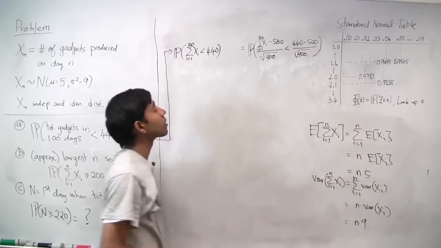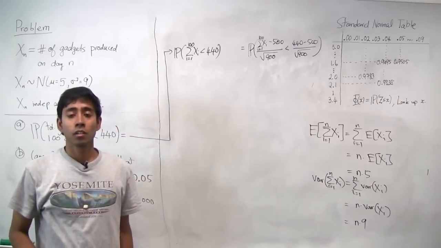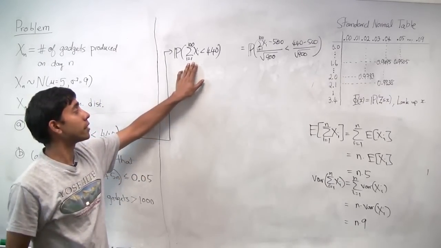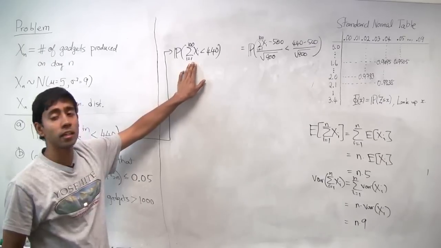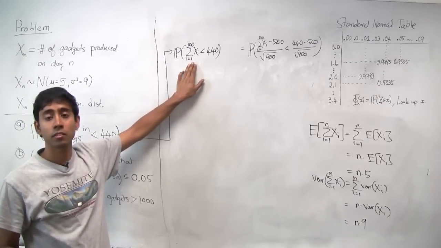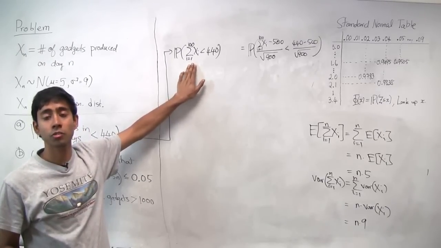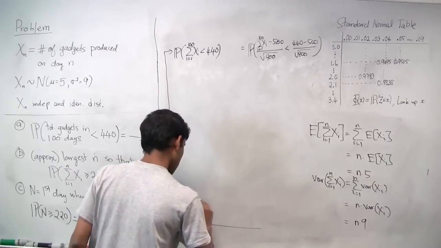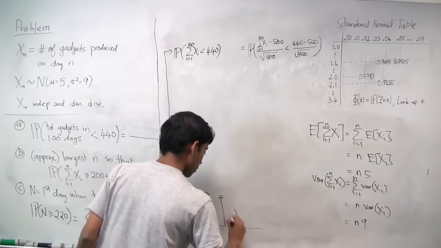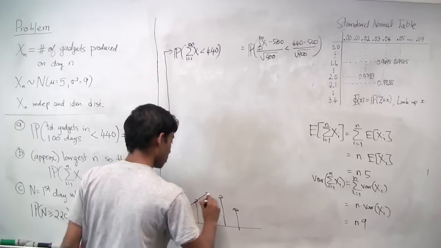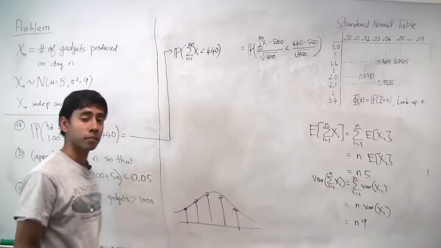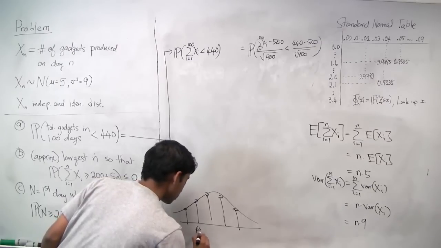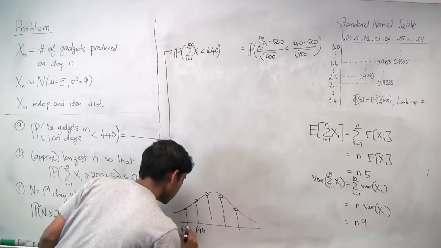Notice that the sum of the Xi's is a discrete random variable, so it may have a PMF like this, and we're trying to approximate it with a normal density. This is not drawn to scale, but let's say this is 440 and this is 439.